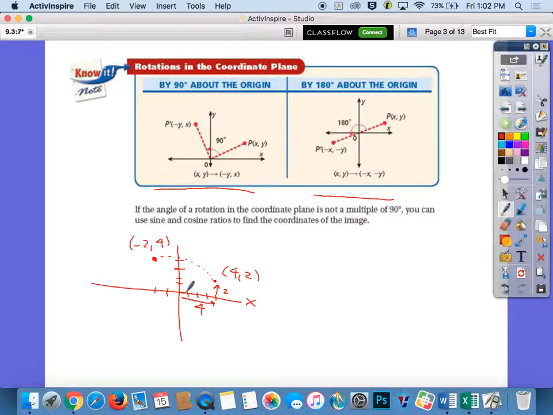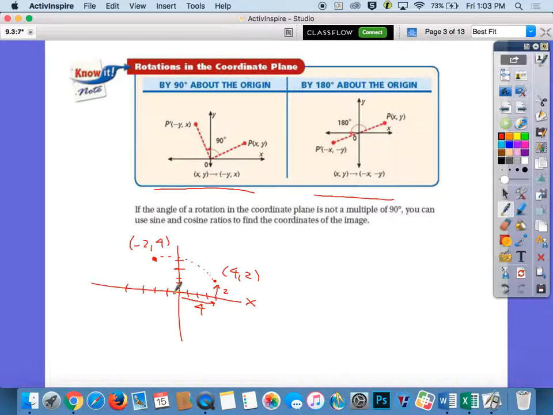So essentially, just as I went 4 on my reference axis and 2 into the quadrant, now I'm going to go 4 on this reference axis and 2 into the quadrant, and that gets me to negative 2, 4.